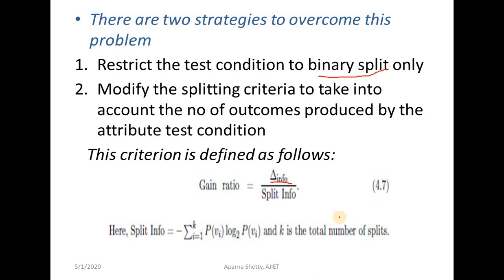So the criterion here is called gain ratio, given by information gain divided by split info.